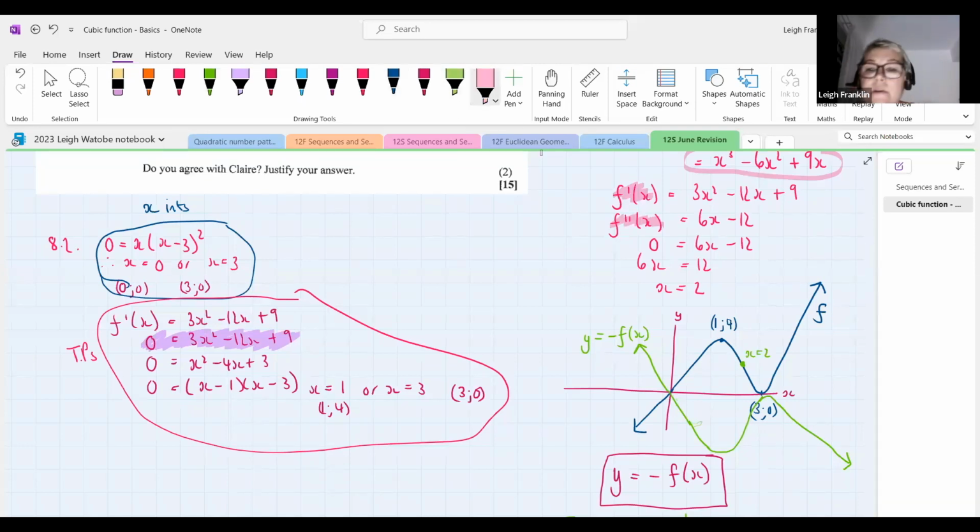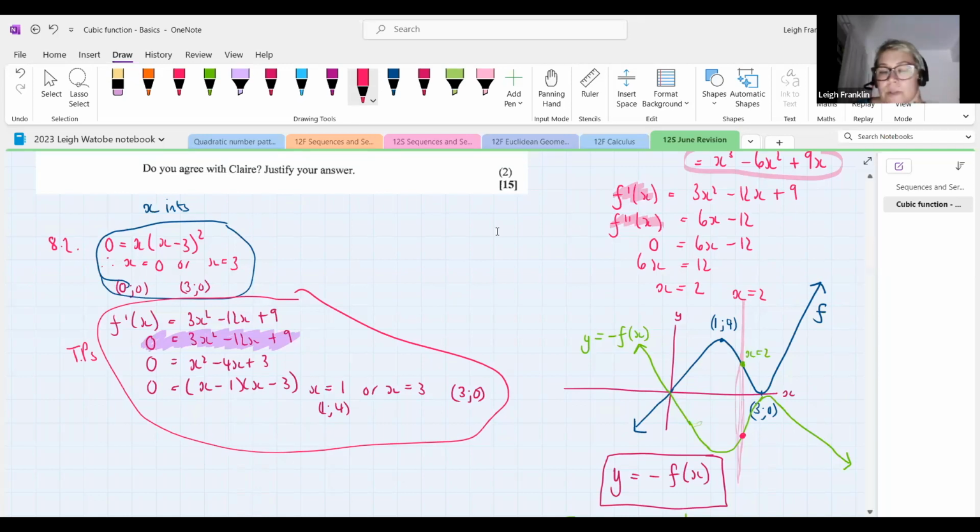Here is the straight line where x is equal to 2. So this pink line over here is the line x equals 2. Your cubic function, when you have reflected it, is now concave up and then concave down, but still at x equals 2.